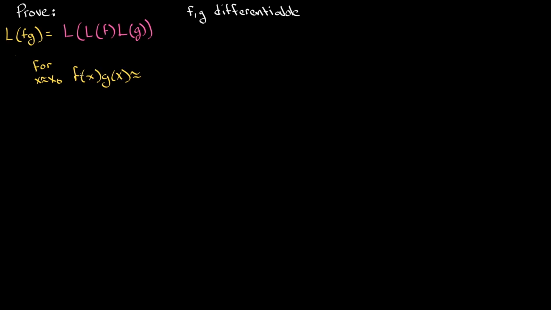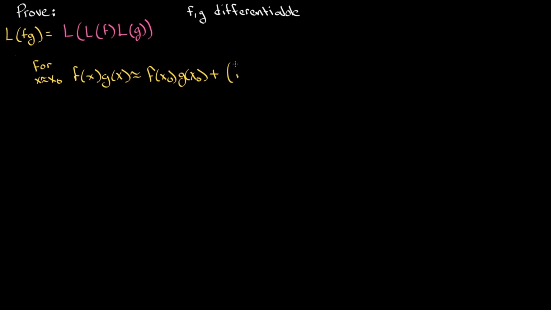We're going to apply the linear approximation formula. So we are going to say f of x naught times g of x naught. And then we are going to add the derivative of this product of two functions, so we need to use the product rule, and we're going to evaluate the derivative at x naught. Let's take the derivative using the product rule.